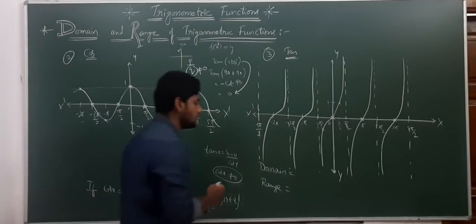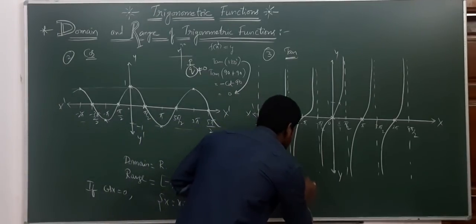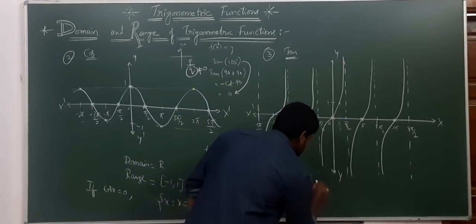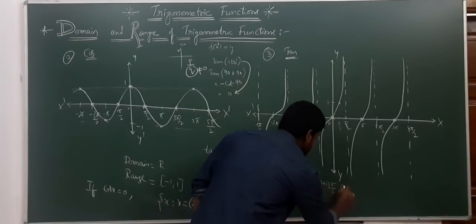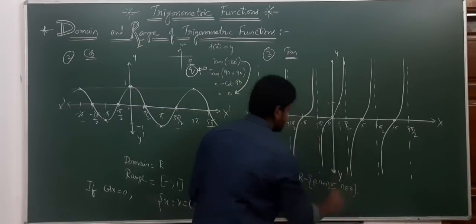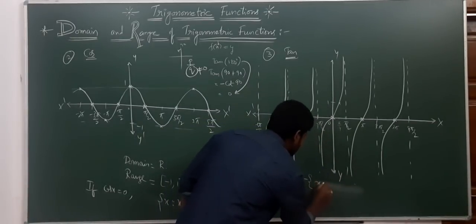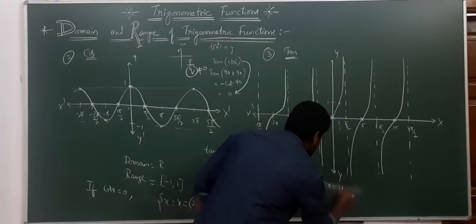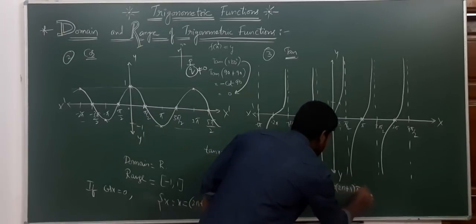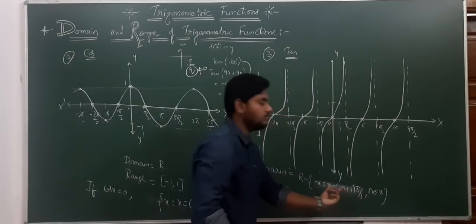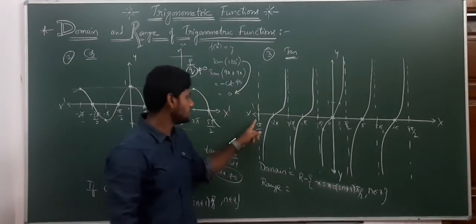That means we can write the domain as R minus of 2n plus 1 into pi by 2 for all n belongs to Z. Here you write for all x such that x equals 2n plus 1 into pi by 2 for all n belongs to Z. Nothing but all real numbers except these values.